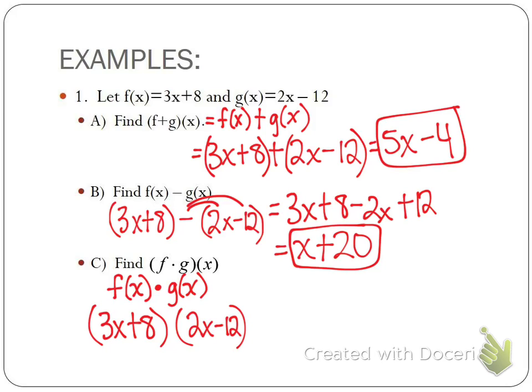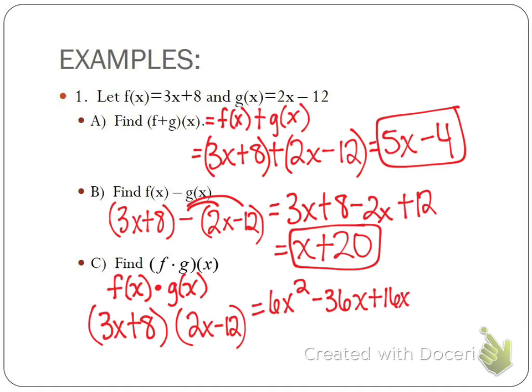So we said that in order to calculate this or figure it out, we have to double distribute. So 3x times 2x. Close? 6x squared. 3x times negative 12. Negative 36. 8 times 2x.